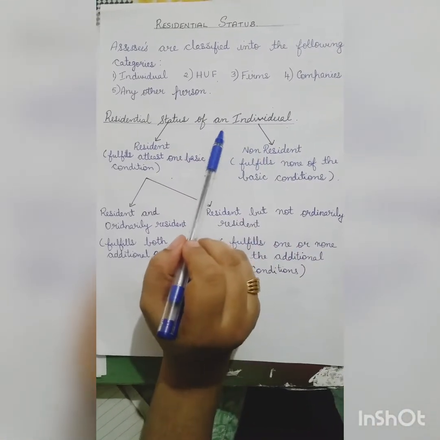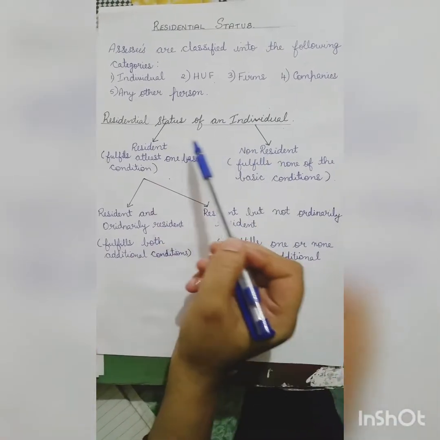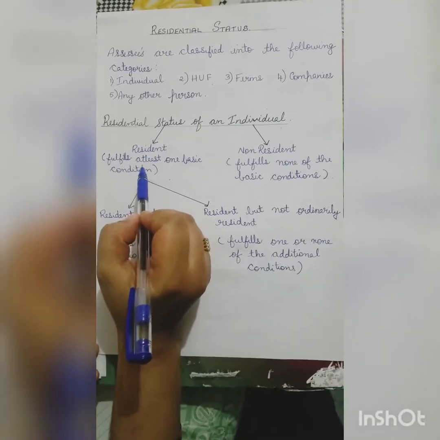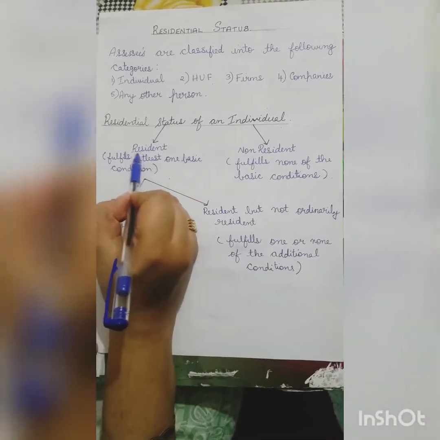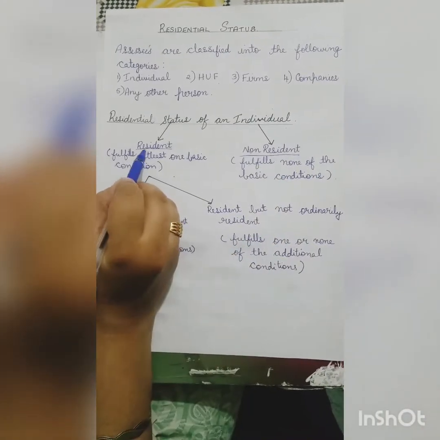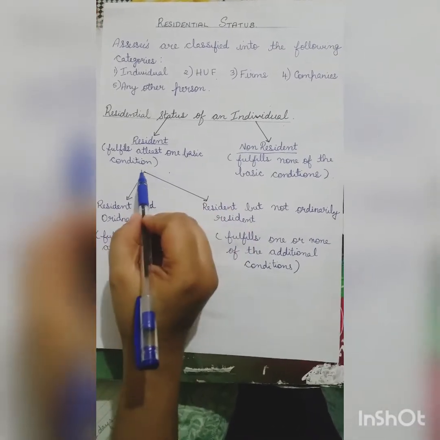Now for the purpose of computing whether an individual is a resident or not, this is the structure which we will need to follow. The first thing we need to classify is whether an individual is a resident or a non-resident. For an individual to be called a resident, he should fulfill at least one basic condition.